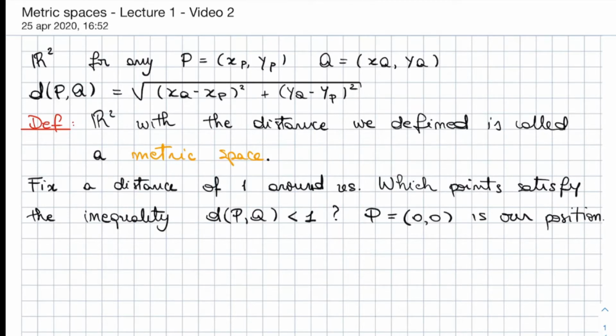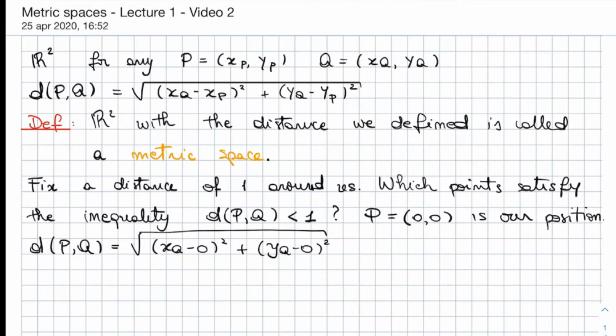Well, to see which points satisfy this inequality, let's impose it, which means d(P,Q), which is equal by the formula we have here to the square root of (xq minus 0) squared plus (yq minus 0) squared, which is equal to the square root of xq squared plus yq squared, must be smaller than 1.